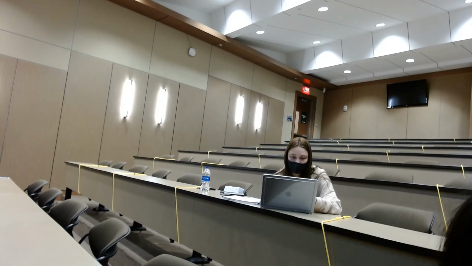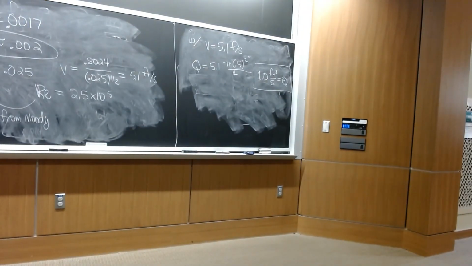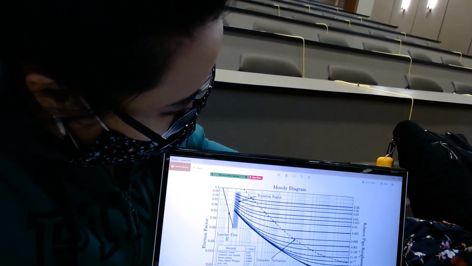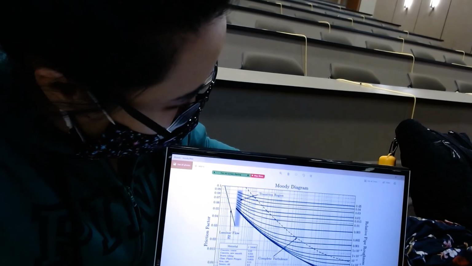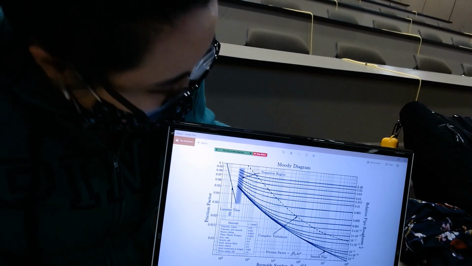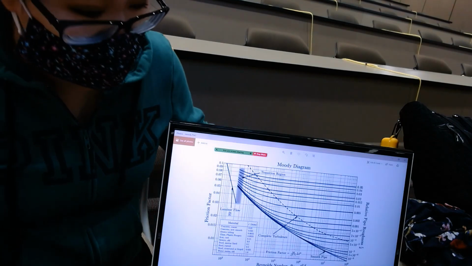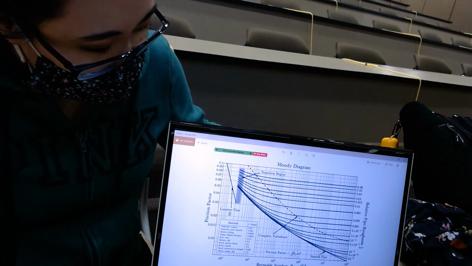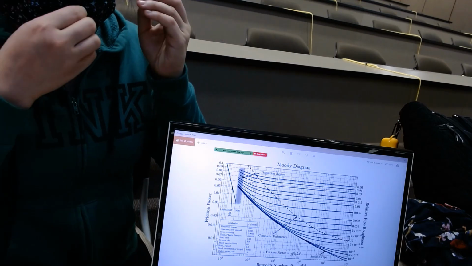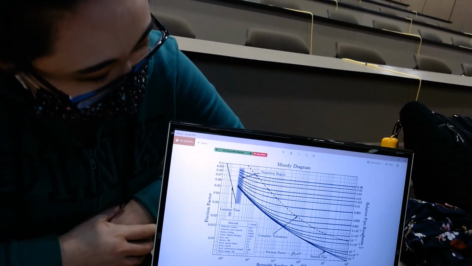All right, so we want to find the friction factor where the Reynolds number is 2.5 times 10 to the 5th. It is a little tricky to read this Reynolds number. Note that the grid is on a logarithmic scale.